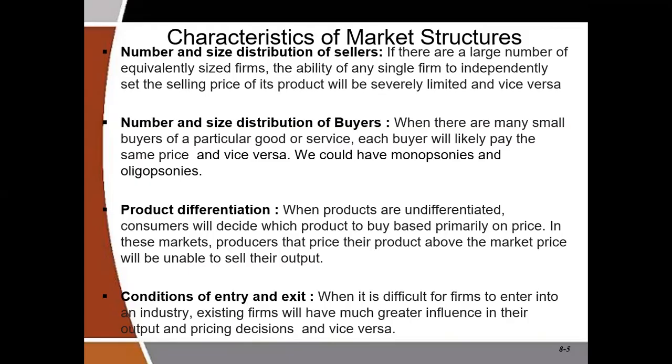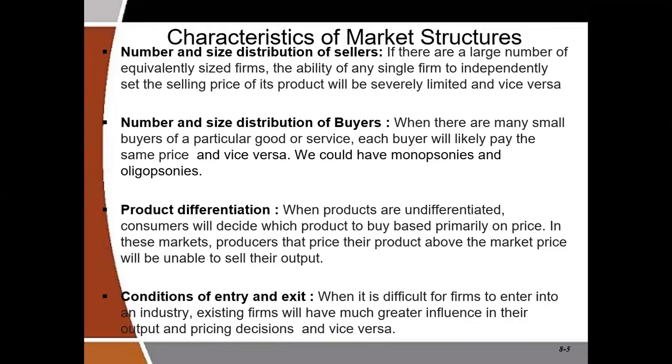Now, usually in a market where there are so many sellers, what it means is that each seller will sell just a small portion of the output. So in a market with a large number of sellers, each seller is going to sell a small fraction of the market output.